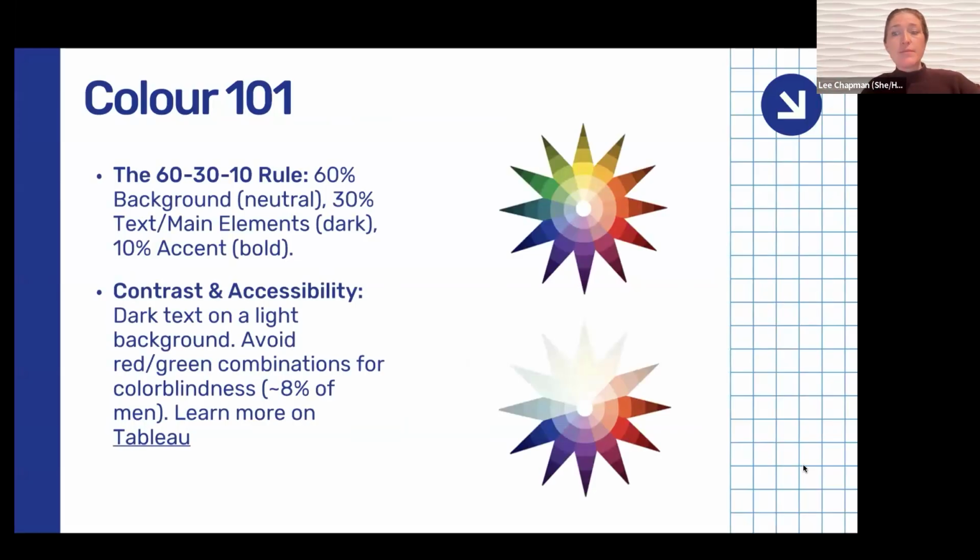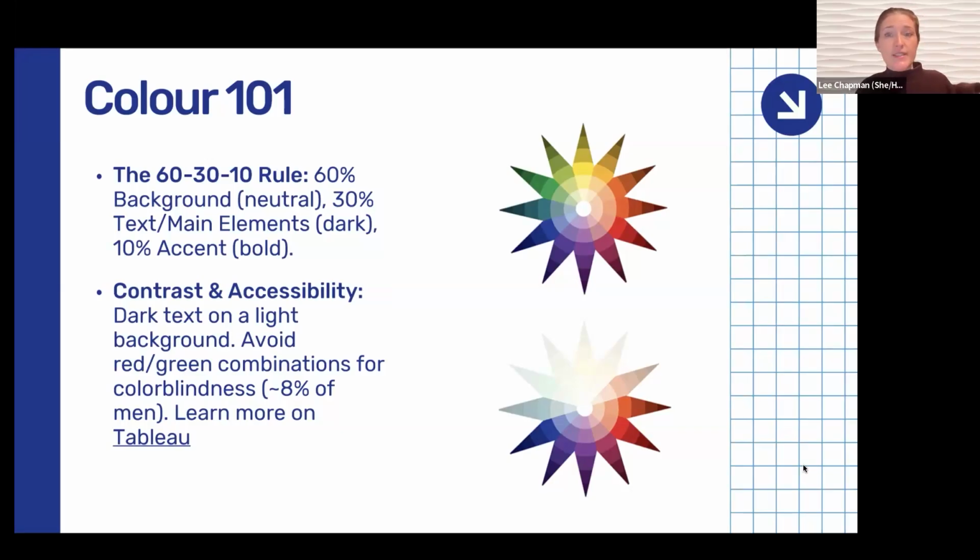Okay, let's move on to color. Use the designer's 60-30-10 rule. 60% of your poster is a quiet background color, 30% of the color on your poster is your text, and then you have 10% for accent colors.